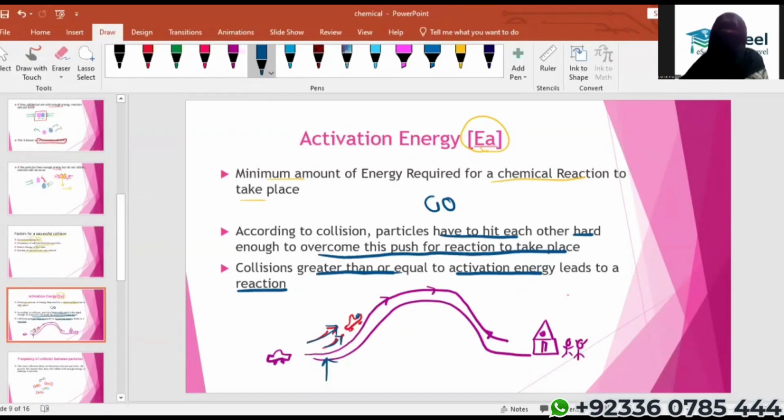And that is why we say that when a collision takes place, they should collide with enough energy that should be equal to or greater than activation energy. Only then will the reaction take place.